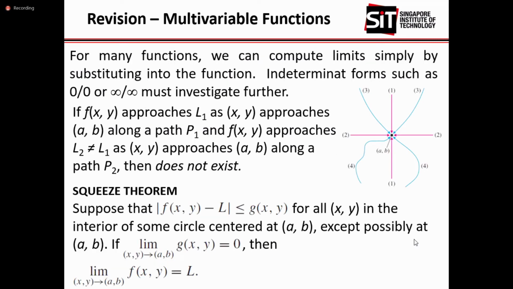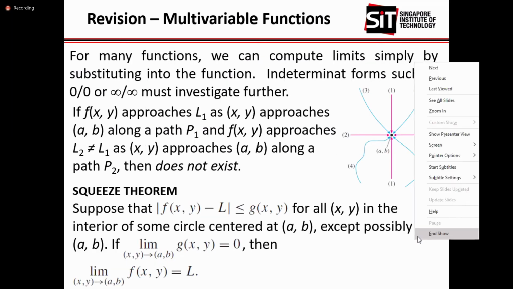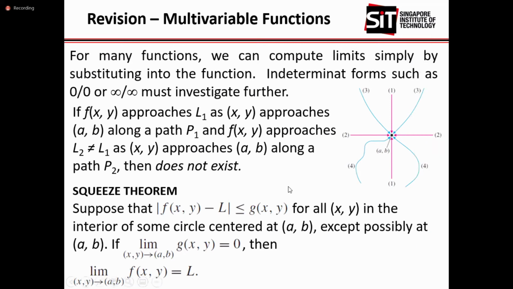So for many functions, we can simply calculate the limit by simple substitution. If we have a function, we substitute the values to which the two variables x and y are approaching, and if we find a value L, we determine that that is the limit.